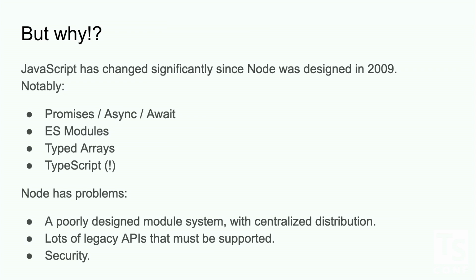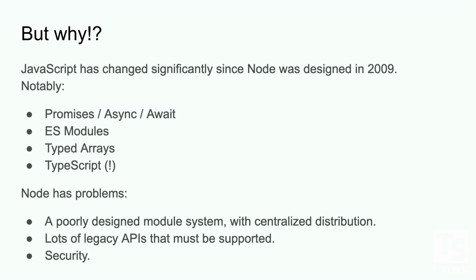And yeah, Node has some problems, kind of the typical legacy system issues, getting a little crufty. That's not such a big deal. The two more important issues are, first, the package management situation is centralized in one location, which is not as webby as one would like it to be, right? JavaScript is very webby, and you would kind of want something more distributed. And the other issue is security, right?